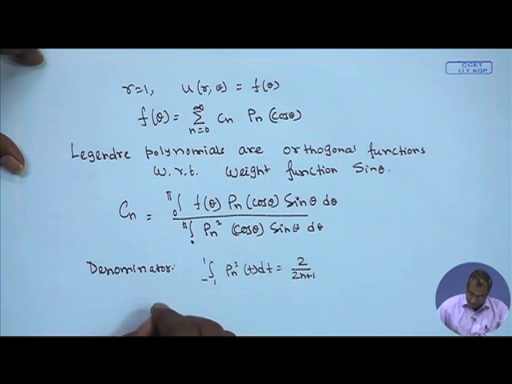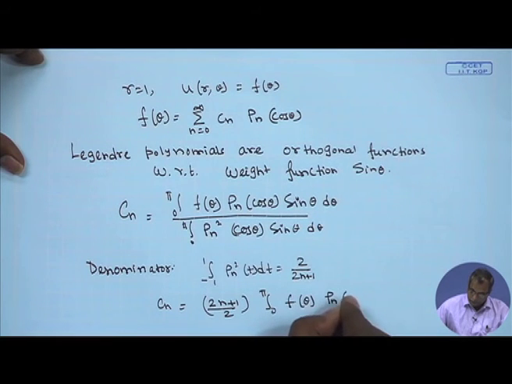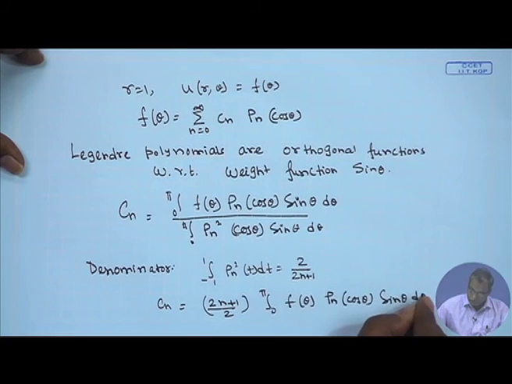So C n is nothing but 2n plus 1 divided by 2, integral 0 to pi f of theta P n cosine theta sin theta d theta. In fact, the numerator can also be simplified, as there are recursive formulas of the Legendre polynomial. So that completes this problem in the spherical polar coordinate system.